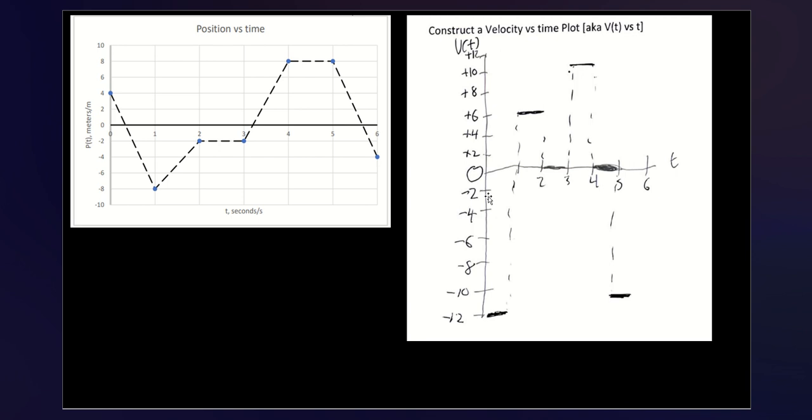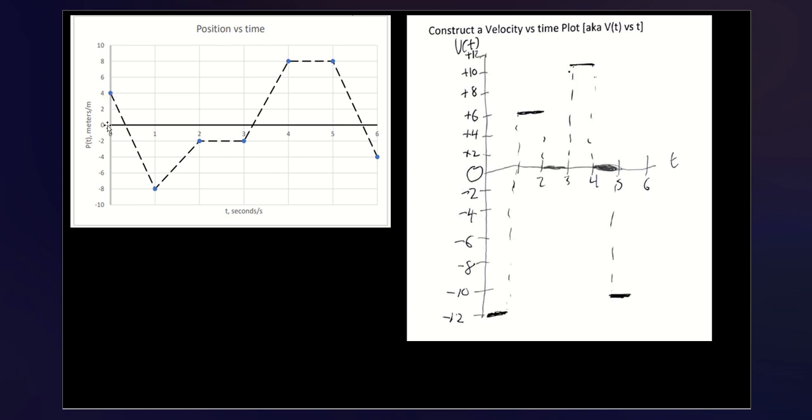Now, what we're going to do is our time axis from 0 to 6 seconds. Be very careful as you draw these. Because our position versus time plot was linear, we are going to have straight, flat lines across our velocity versus time plot.